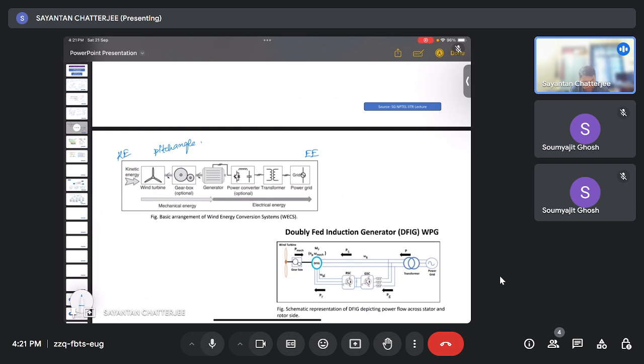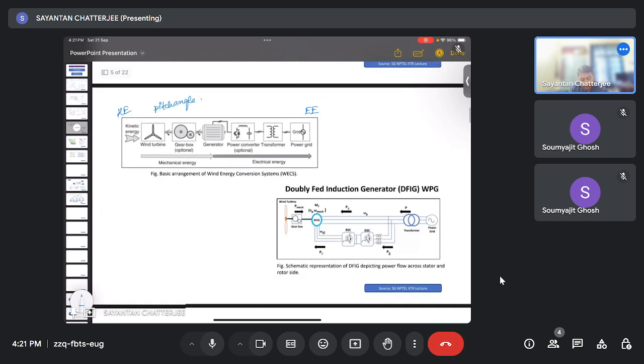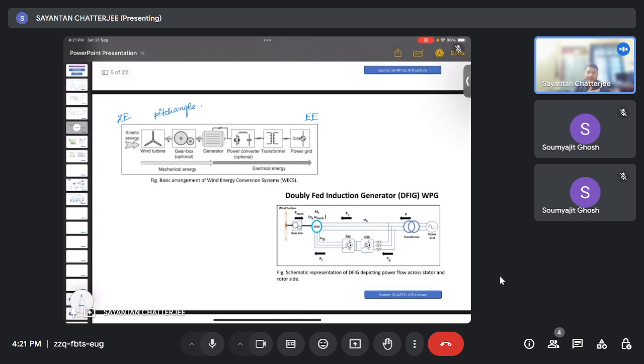Here we have a gearbox because we have to rotate the generator at the rated speed. But at some points in time there can be instances where the wind is flowing very slowly, and generally we see those instances.